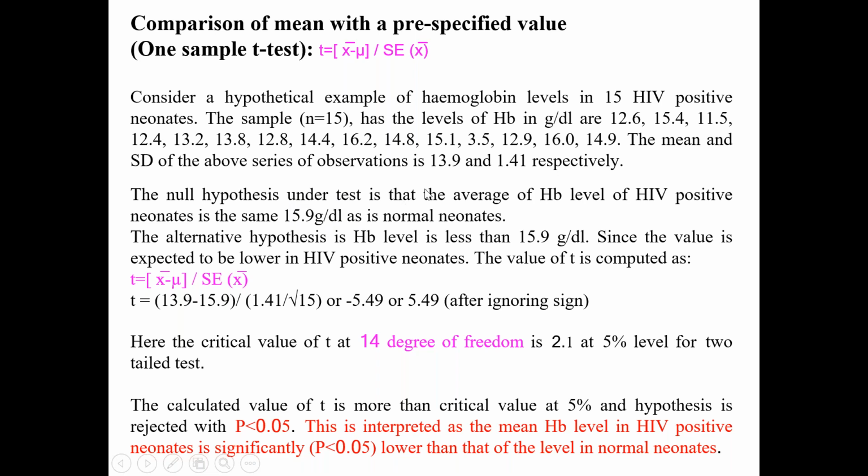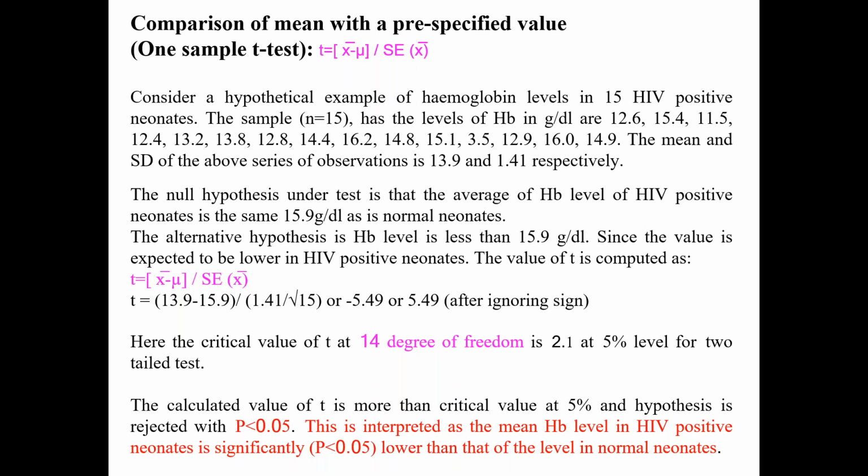Now your HIV positive neonate value is 13.9, and the given normal neonate value is 15.9. The difference is 2 grams per deciliter. So we frame a null hypothesis telling that 13.9 and 15.9, merely a 2 gram difference, is not much of a difference. So that means there is a similarity. This is the null hypothesis.